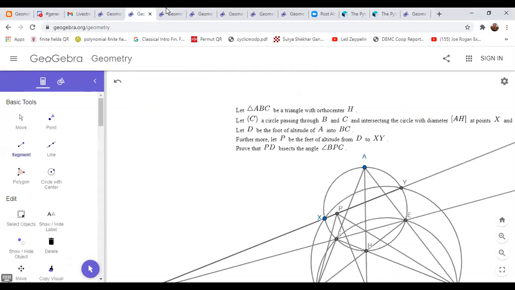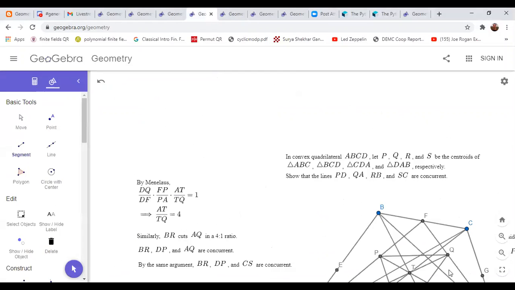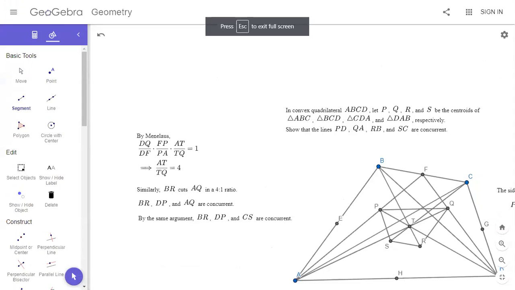So let's see. AD over PQ, I'm sure he means AD over PQ, is 3. Yeah, 3. Somehow he's using similar triangles, I guess.